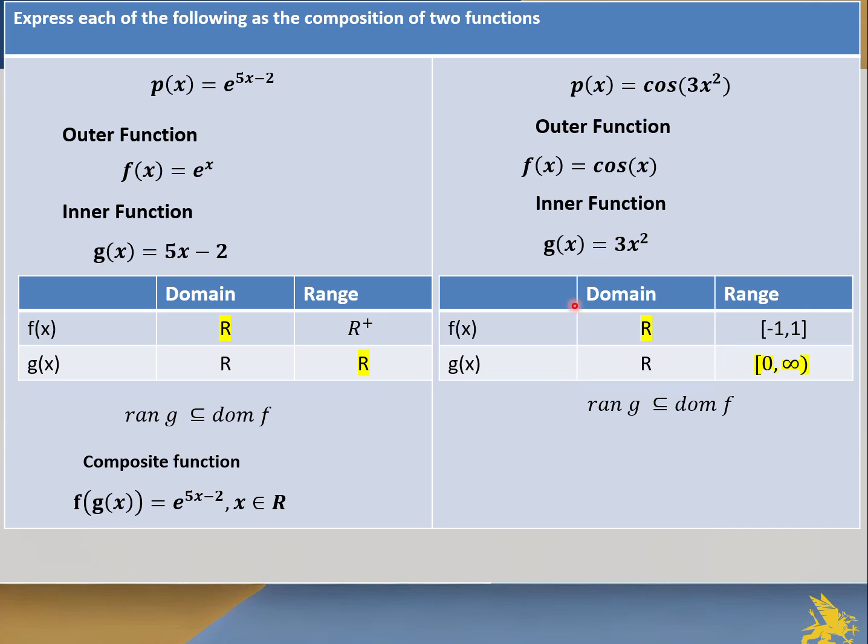We always start off with the inner function, which is 3x squared, and we know the domain is all real numbers, but our range is going to be 0 to infinity. Now we can see that my range of g is a subset of my domain of f. So that means we can write it for our original domain, the real numbers. So it is a composite function for all real numbers.